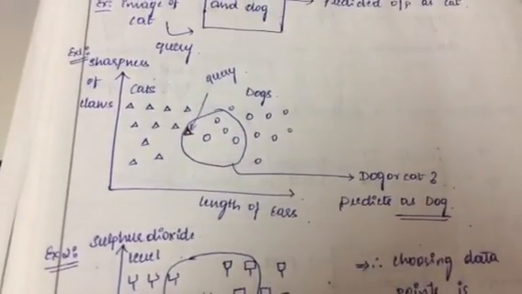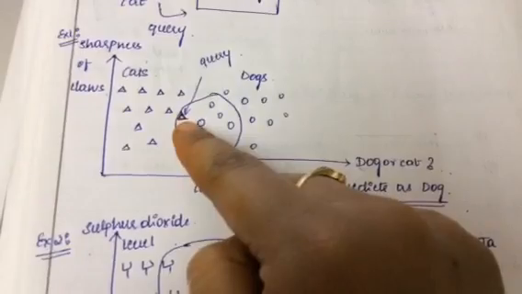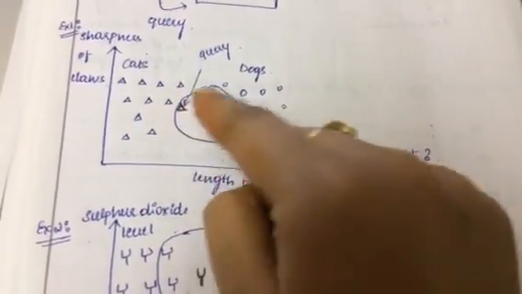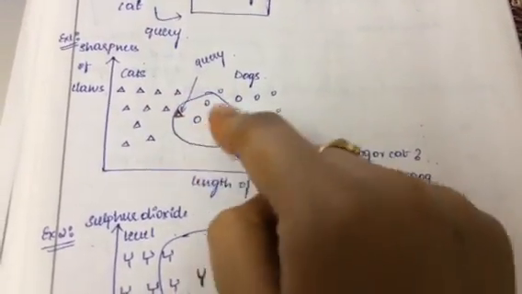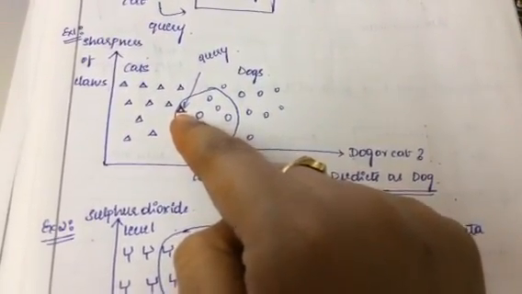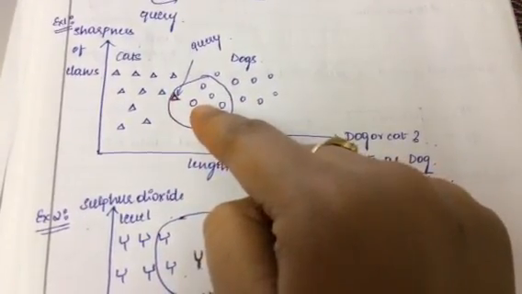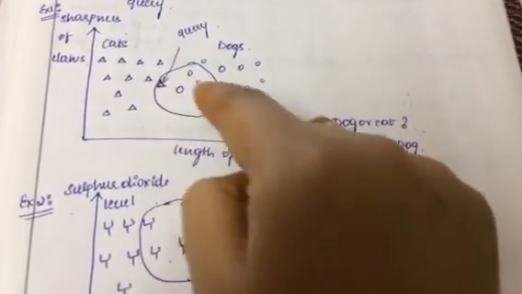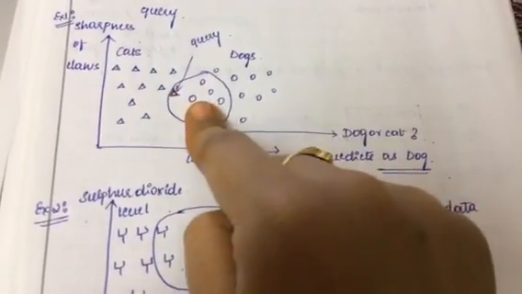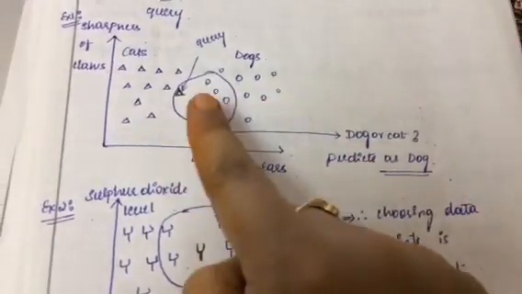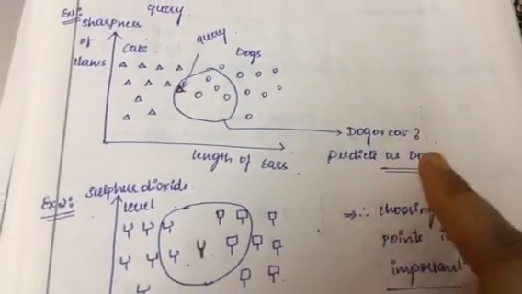Now in the KNN method, we are going to consider nearby neighbors depending upon the k value or the distance. Here I have drawn the surrounding circle. The nearest neighbors can be a triangle, and they can also be a circle, but when I draw the circle I can see that the majority belong to a dog, and I am going to predict it as dog.